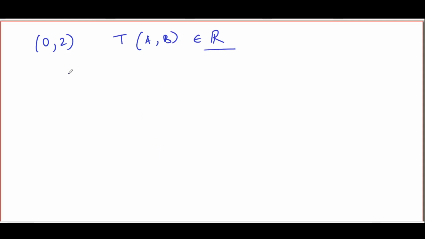Now, if instead of giving T two vectors, you had given a single vector A in the first slot and left the second input slot empty, this actually would be waiting for a vector which, once given, will be converted into a number.